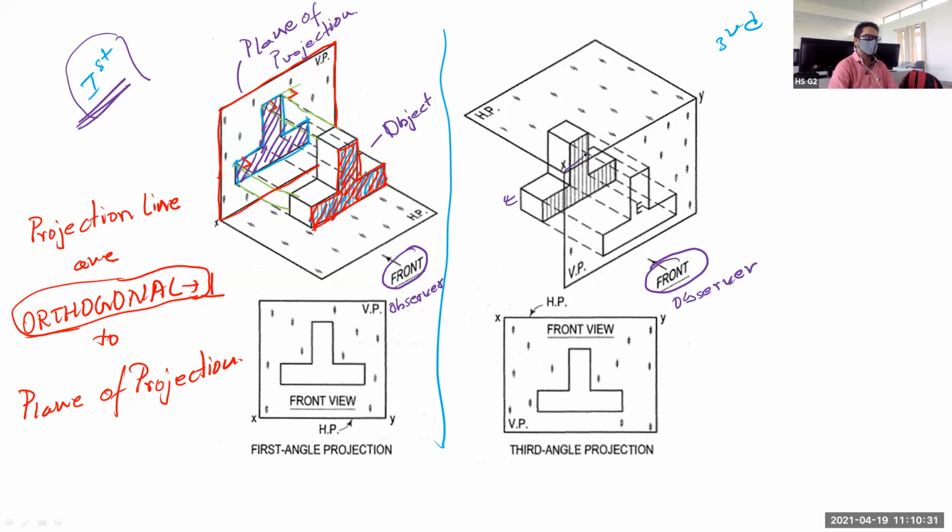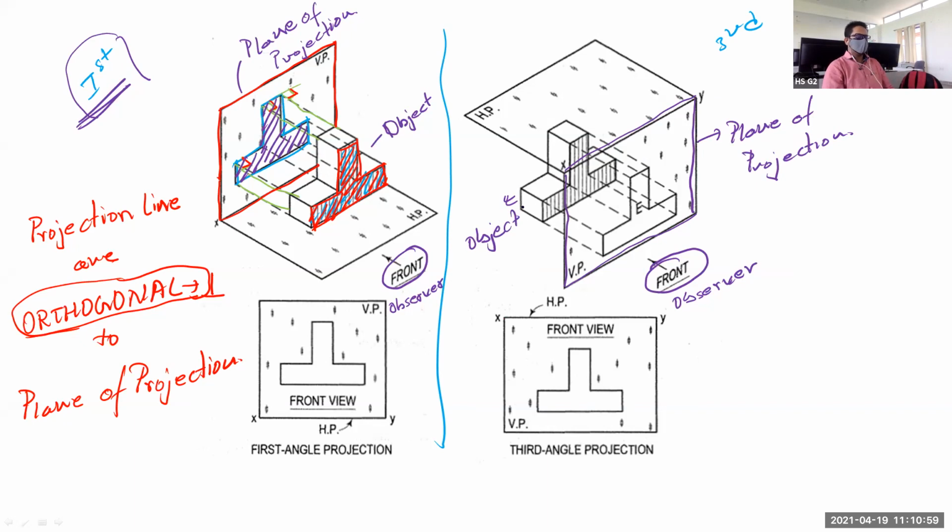Then this is your plane of projection. Let me highlight it. This is your plane of projection. And this is your object. So you can see that the order is different.